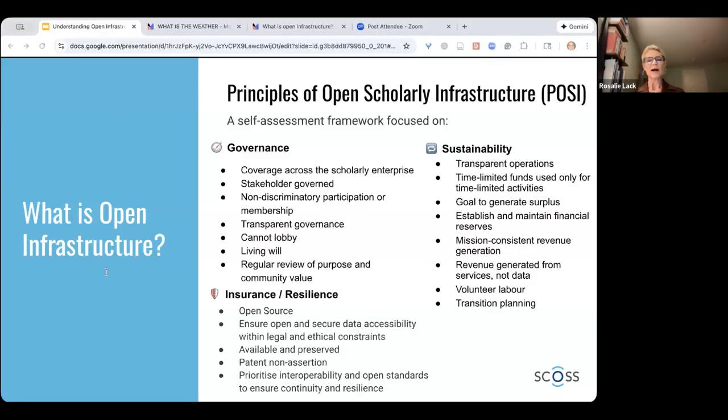So it really requires infrastructures to ask tough questions, to self-assess, and to be at a certain level of meeting these POSI standards. So just so you know, in the community there is a framework where open infrastructures self-assess and meet these high-level principles.